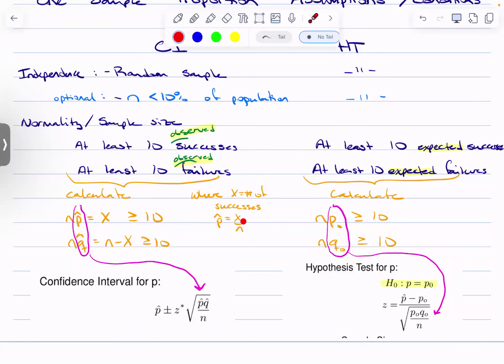So sometimes I give you X and n and you have to calculate p hat. And then it's just easier because you already have the X. But if I give you p hat, like in the previous question, right? 850 times 0.41, right? That gives me the number of successes. But there's probably been some rounding. Right? It's going to be greater than 10.